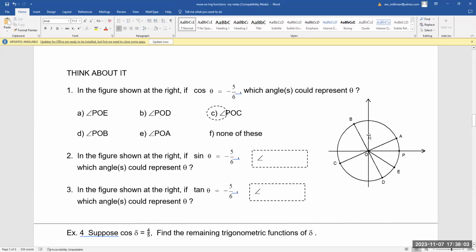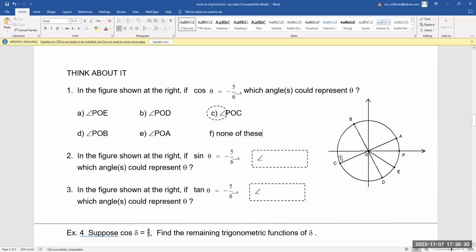So we've got 3 angles here, POC, POD, and POE. Maybe all of them, maybe none of them. Well, let's look at the y over the r. The y value is 5 as compared to the radius of 6. So let's look at the y value on the angle in quadrant 3, which is POC.